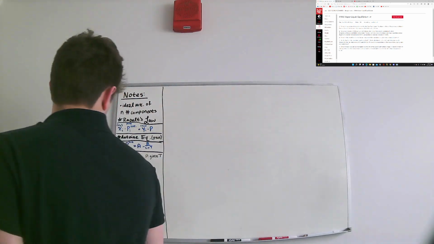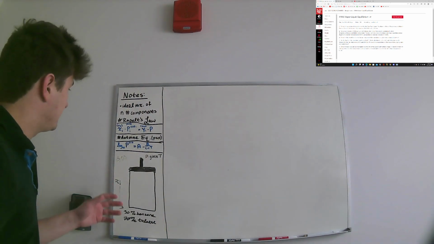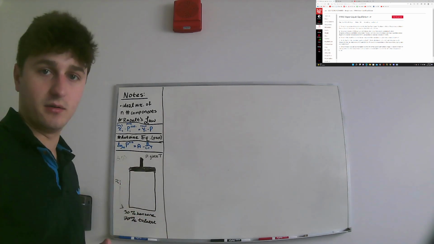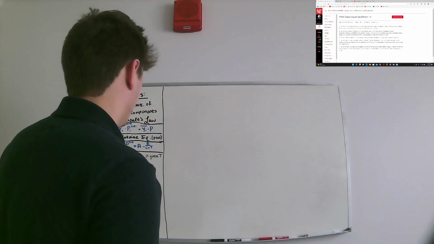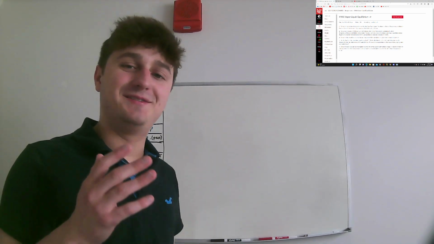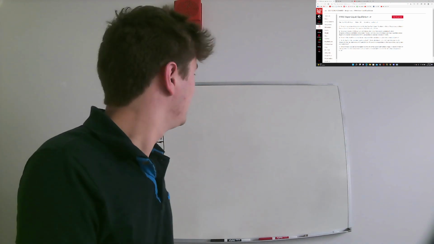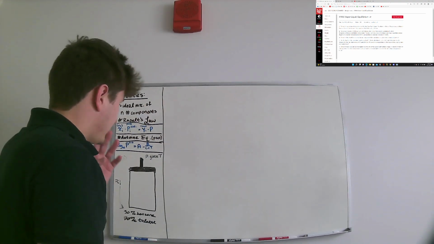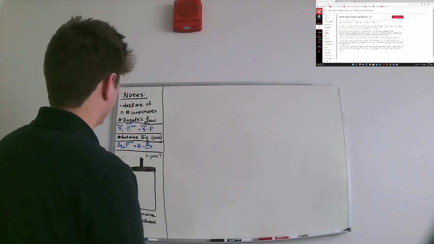The first thing that we want to know about this problem is that the total mole fraction of liquid is going to add up to 1 for each of these. Knowing that is a pretty useful thing to know.